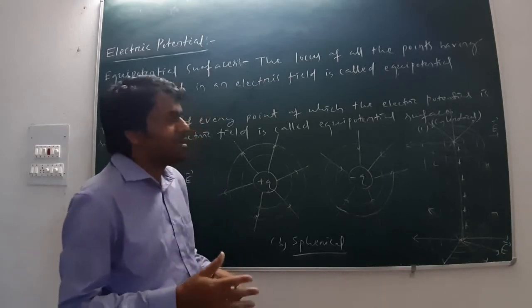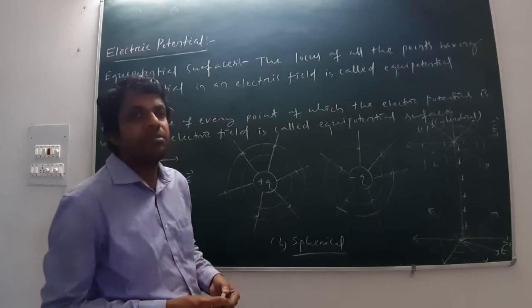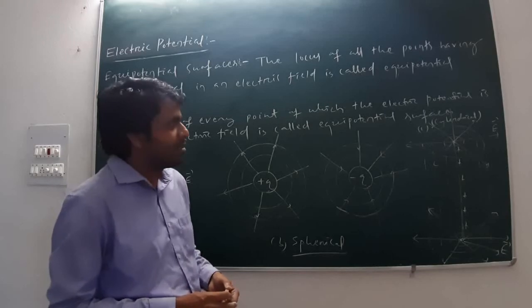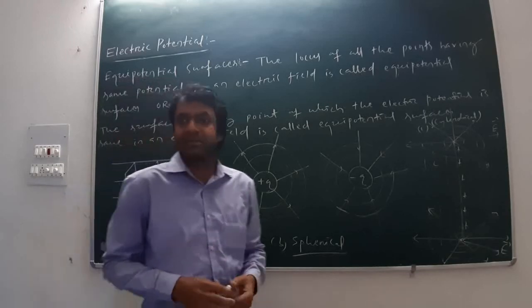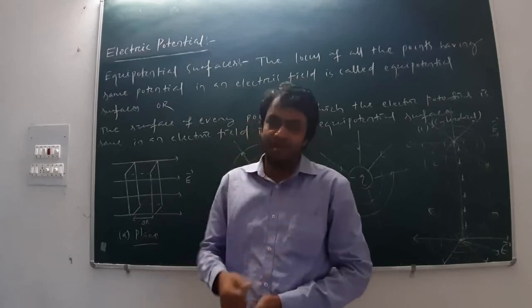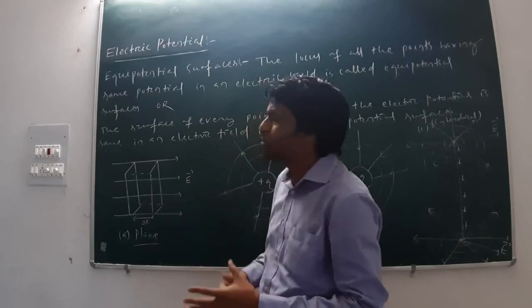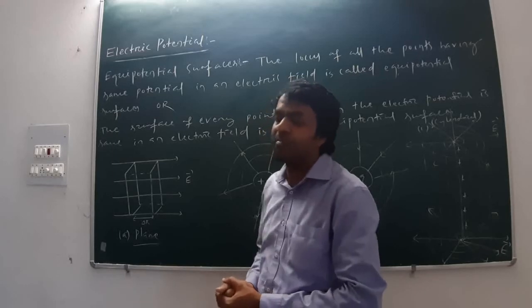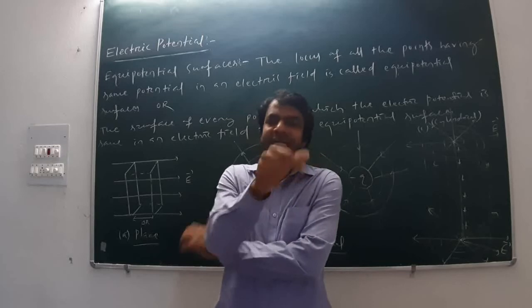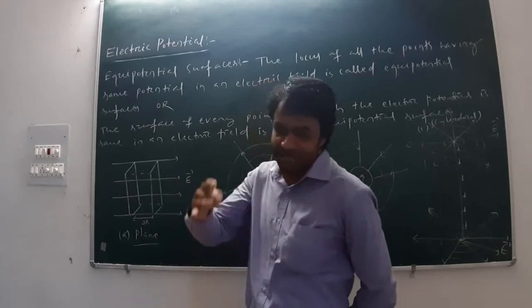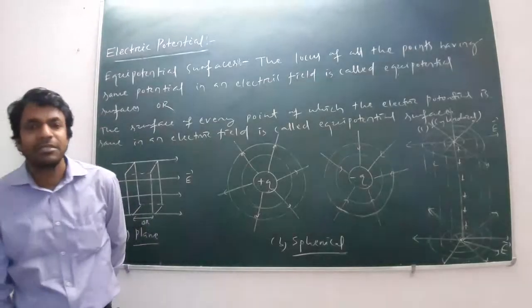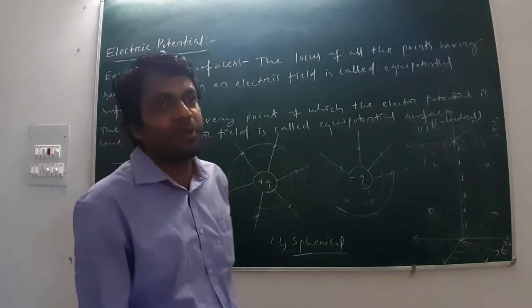Potential is measured in volt, and potential energy is measured in joule. The SI unit of potential gradient is volt per meter, where E is equal to minus dV by dr. That means the unit of electric field intensity is newton per coulomb, which is also equal to volt per meter.